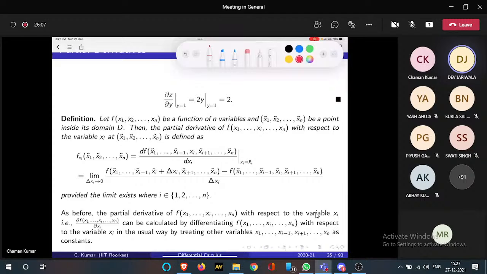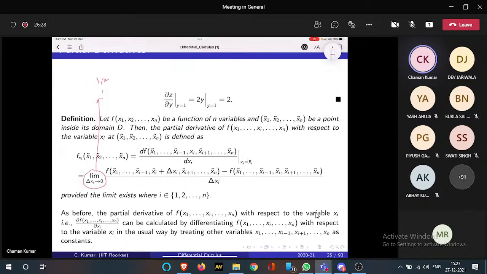No. The notion of limit will change. For example, if you have three variables x, y, and z, and you fix z, then in the limit definition there is a change in x, delta x, and a change in y, delta y, and both go to 0.